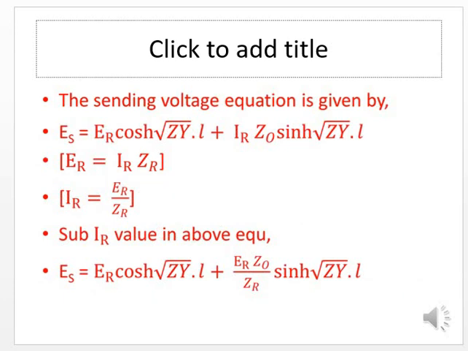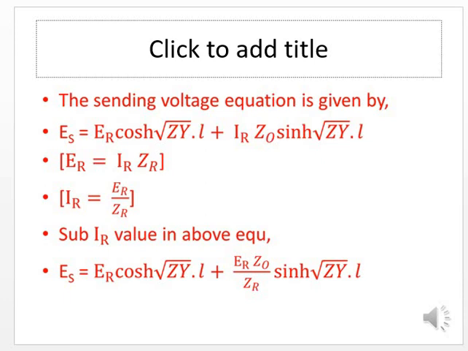The sending end voltage equation is given by ES equal to ER cosh(√(ZY)·L) plus IR Z0 sinh(√(ZY)·L). ER is equal to IR ZR, or IR is equal to ER by ZR. So substitute this IR value in the above equation.